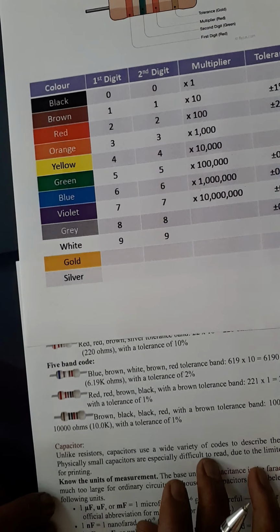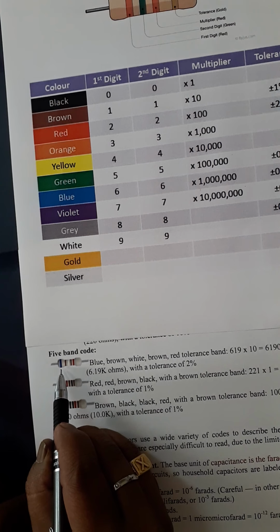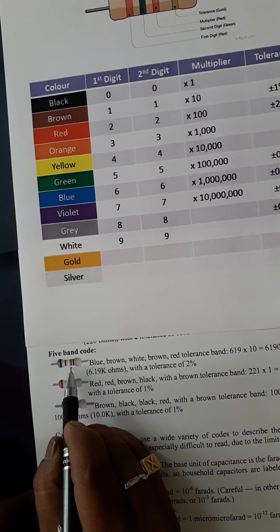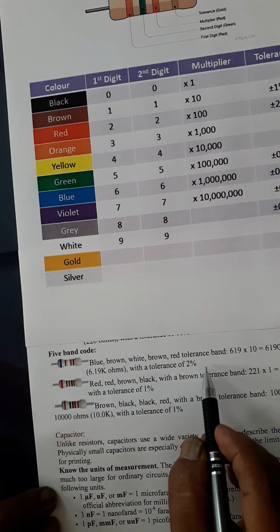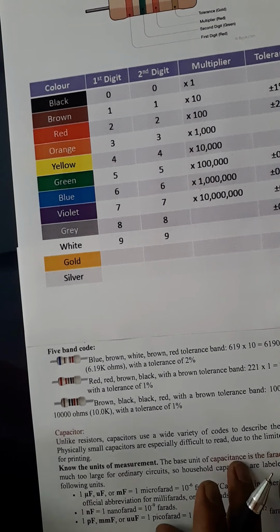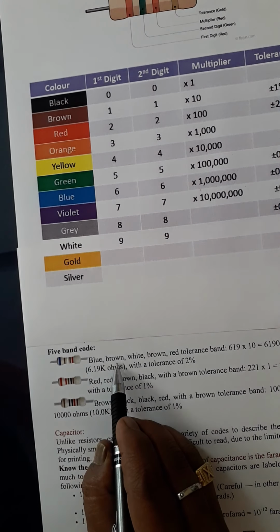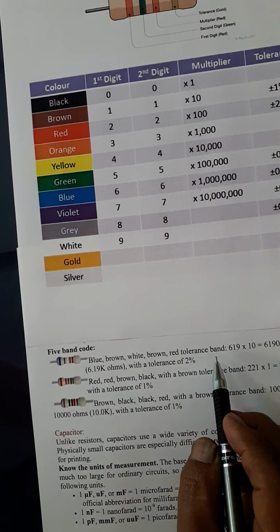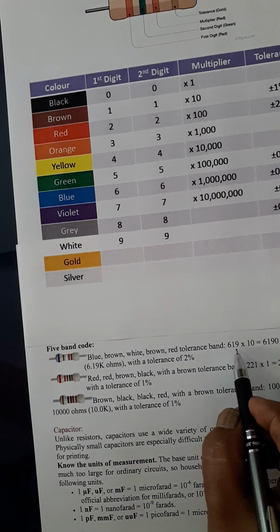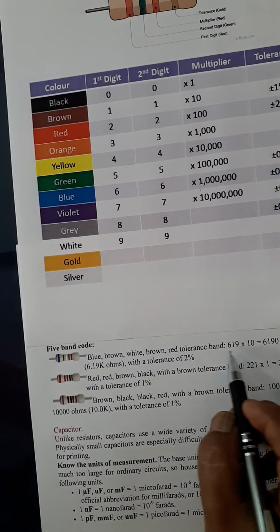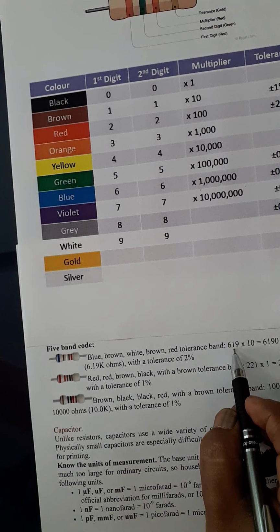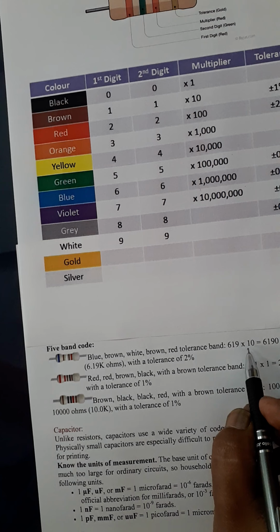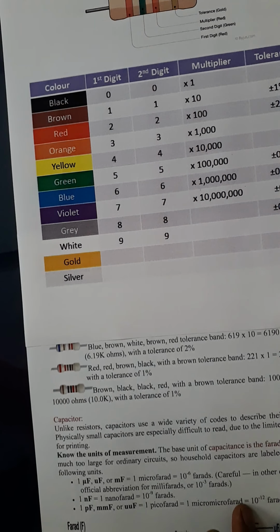Suppose the first one is blue, brown, white, brown, and a red tolerance band. So this is nothing but 619 into 10: first code, second code, third code value, and a multiplier.